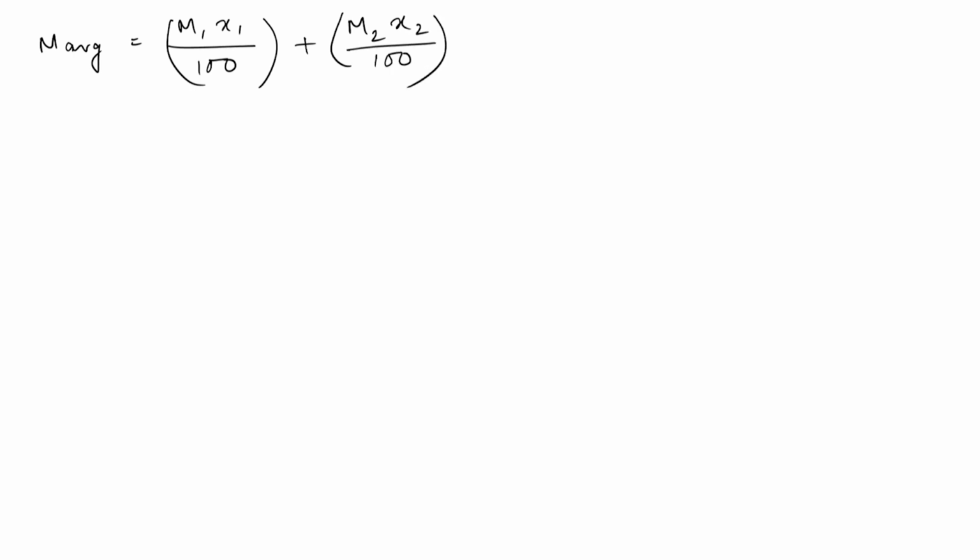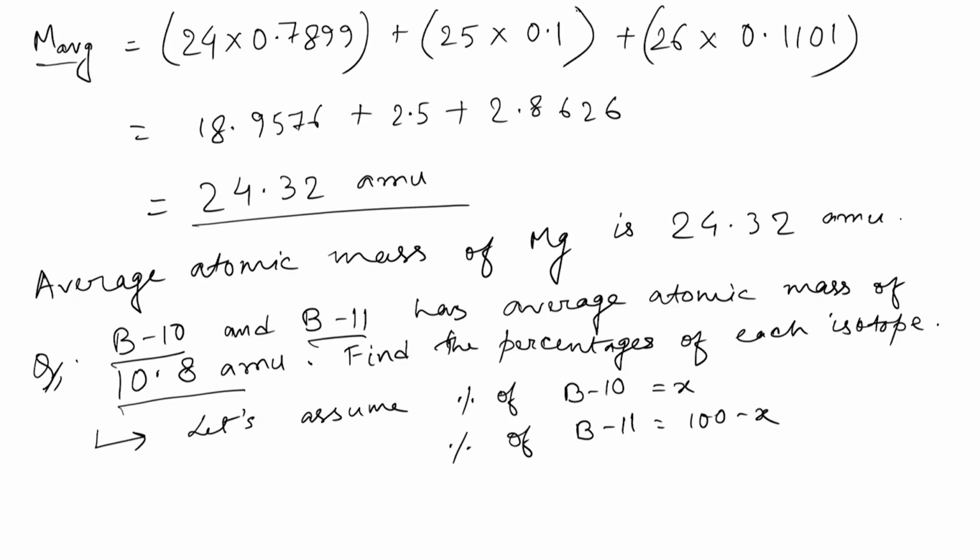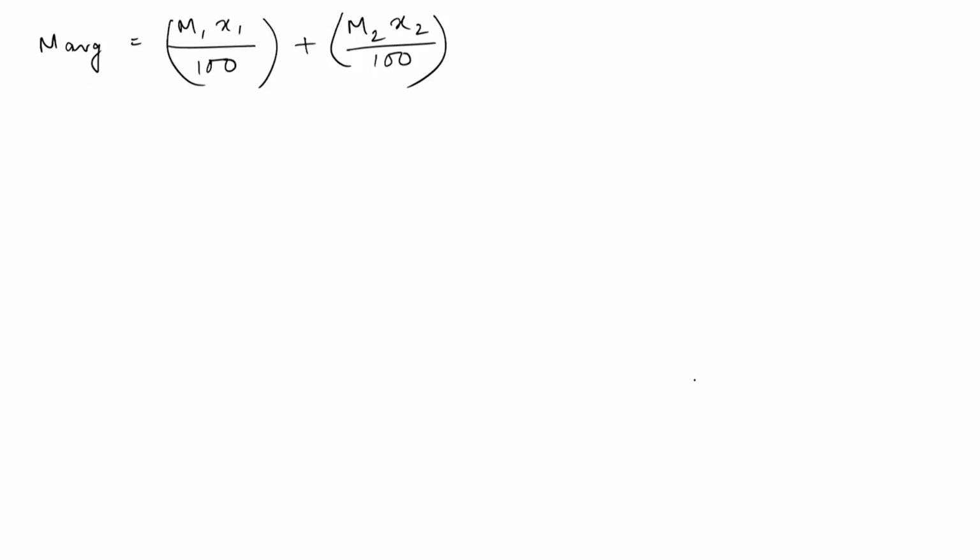So according to the formula, M1x1 by 100 plus M2x2 by 100, right? So what is M1? M1 is 10 and its percentage x1 is X.